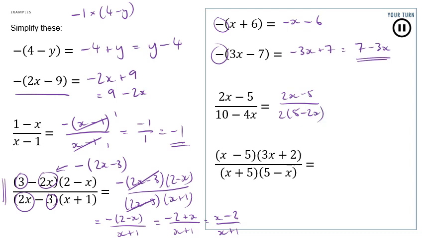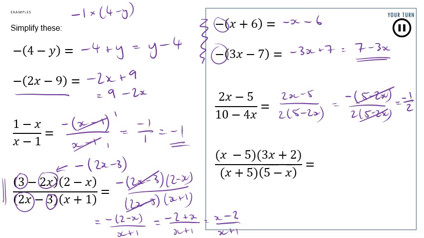And hopefully you spotted, using this idea we've practiced here, that if I change it on top, although it wouldn't matter whether it's top or base, this is the same as this. So we can simplify by dividing top and bottom by 5 take away 2x, which gives us minus a half.